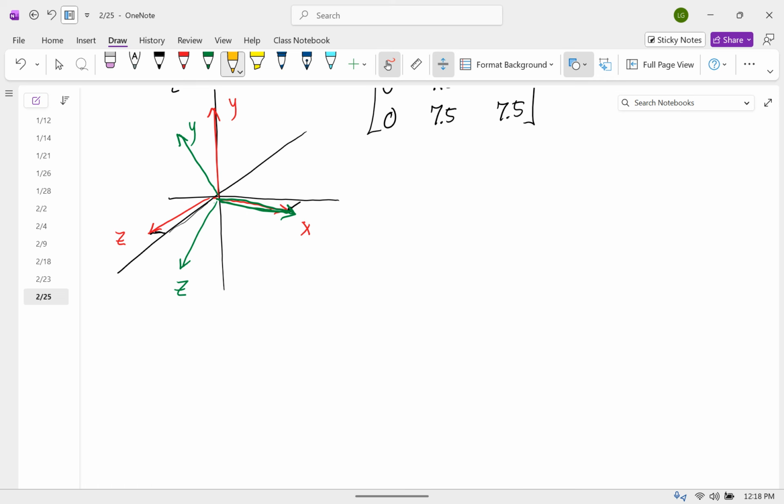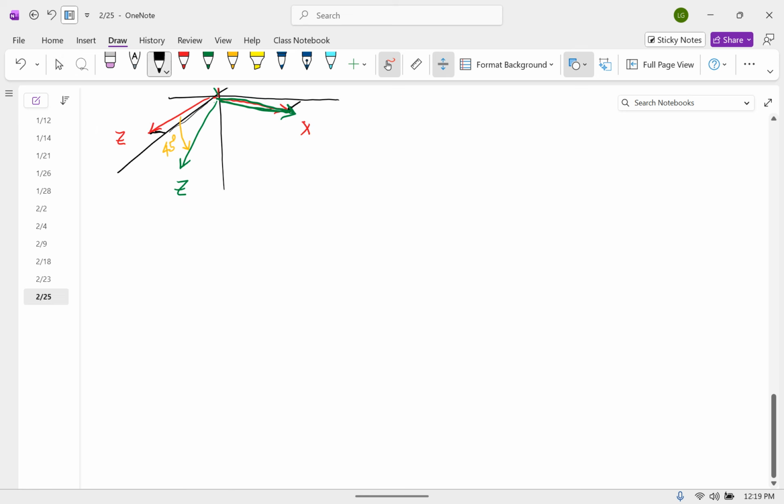So like this angle would be 45 and this angle would be 45. Anybody want to see any other homework questions? All right.